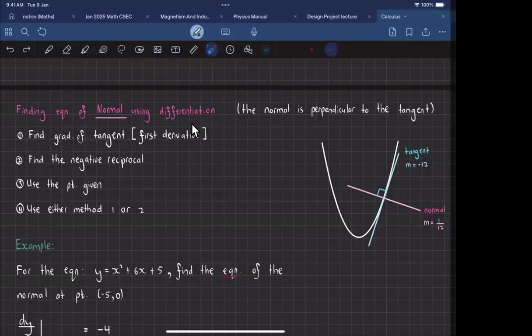And if you flip 4, so 4 is the same thing as 4 over 1, it will become 1/4. Correct. If you find the negative reciprocal of -4, it is a quarter. So that means the gradient of the normal is 1/4. So proceed, guys.